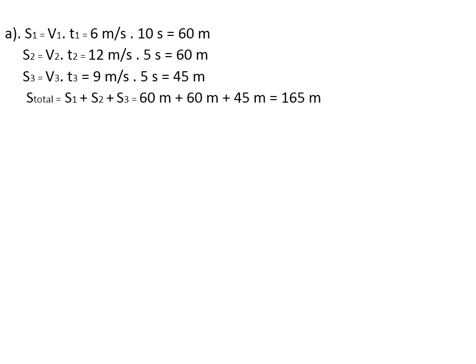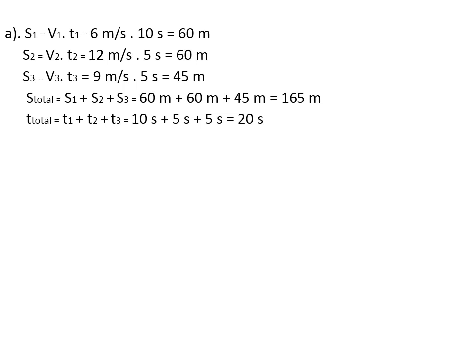So S total equals S1 plus S2 plus S3 equals 60 meters plus 60 meters plus 45 meters equals 165 meters. T total equals T1 plus T2 plus T3 equals 10 seconds plus 5 seconds plus 5 seconds equals 20 seconds.